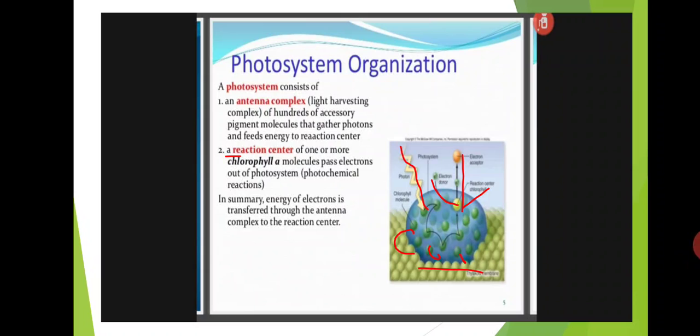First these photons enter into the antenna complex, then that photon energy enters into the reaction center. In this reaction center the electrons become excited.